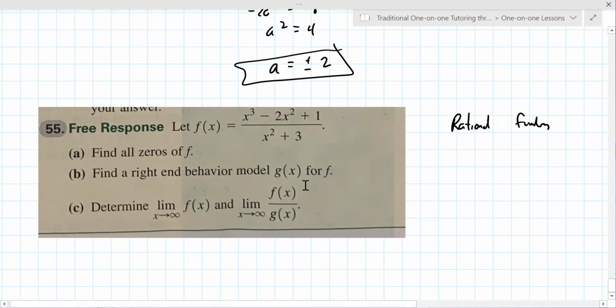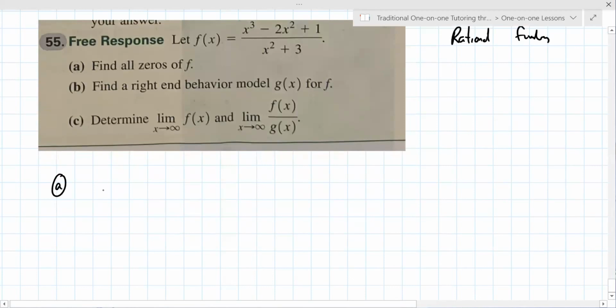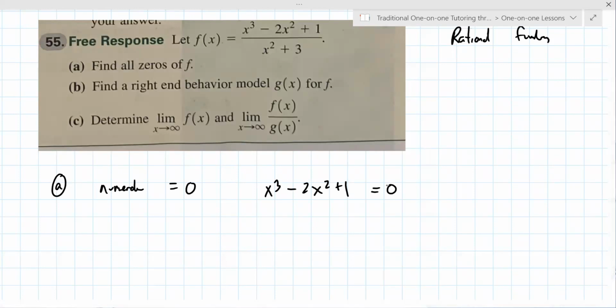Okay, find all zeros of f. The zeros of a rational function come from setting the numerator equal to 0. So setting x cubed minus 2x squared plus 1 equal to 0. I know that one of them is x equals 1, but I'm not sure how you would know that.